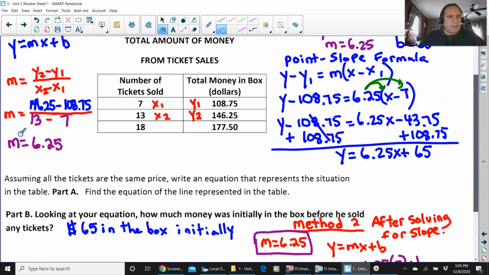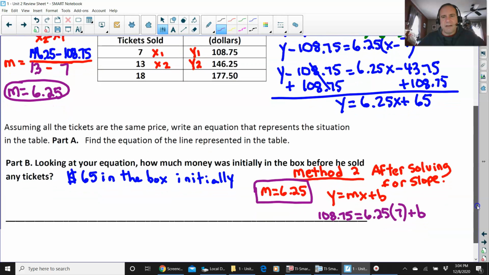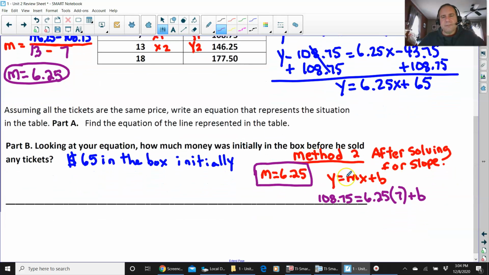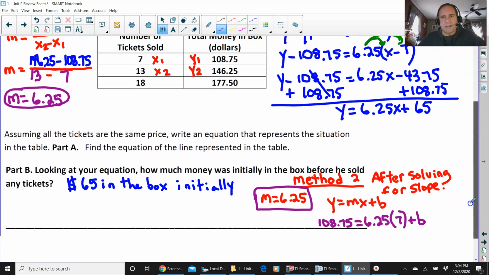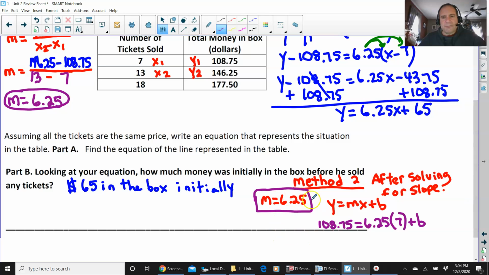We solved for this slope right here. We got y2 minus y1 over x2 minus x1. We got 6.25. Instead of doing point slope formula, a lot of people like this method, but I'll show you exactly what's going on. So the slope is 6.25, and we have y equals mx plus b. The y, you could pick any random y here, all right?